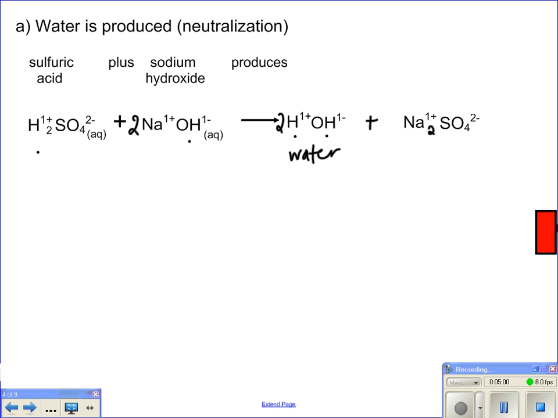That in turn, of course, creates two sodiums, but we notice on the right-hand side, we needed two sodiums in order to balance with sulfate, so that's fine. And then finally, our last ion to balance is sulfate, and there's one on each side. So we know now that this is perfectly balanced.